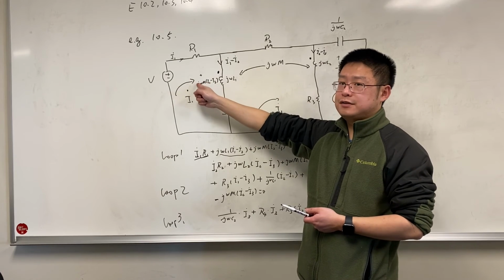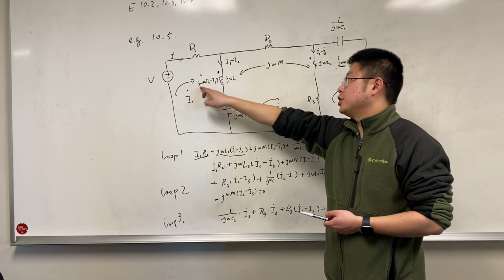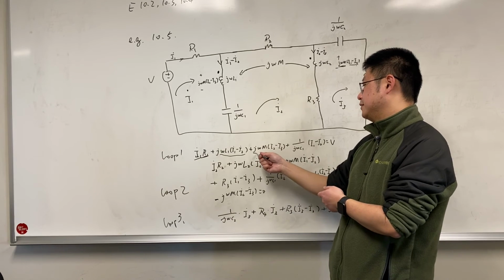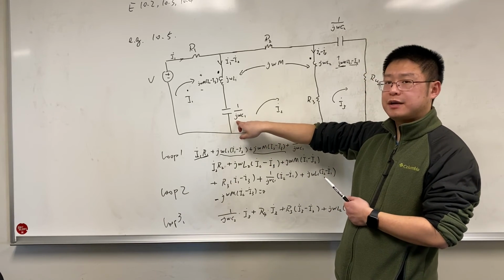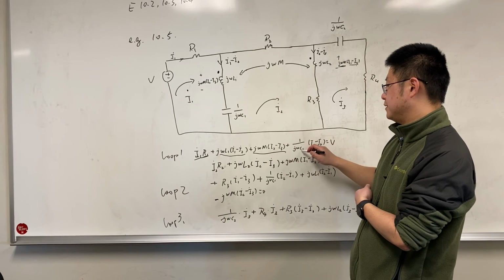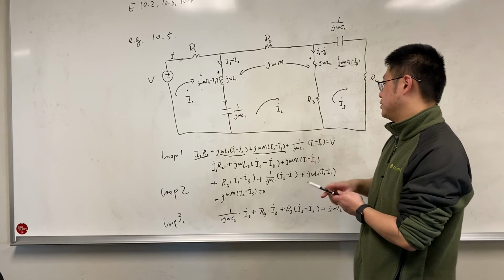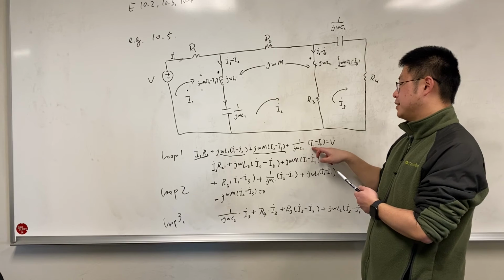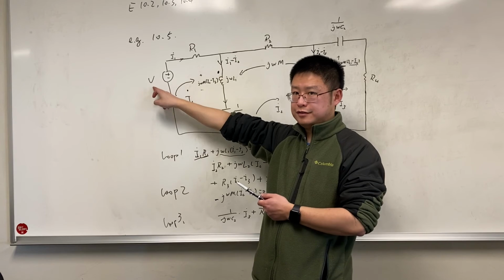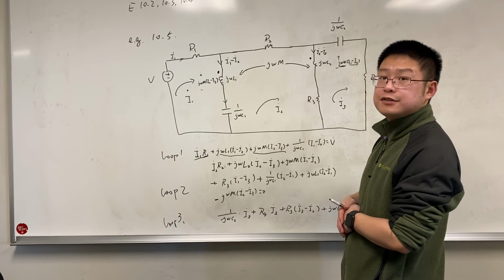And we don't forget the induced voltage, which is also a voltage drop, so plus j omega M times I2 minus I3. That's the third term. And we also have a capacitor here, so we have 1 over j omega C1 times I1 minus I2. And in this loop, the voltage source equals V. So that's the equation for the first loop.